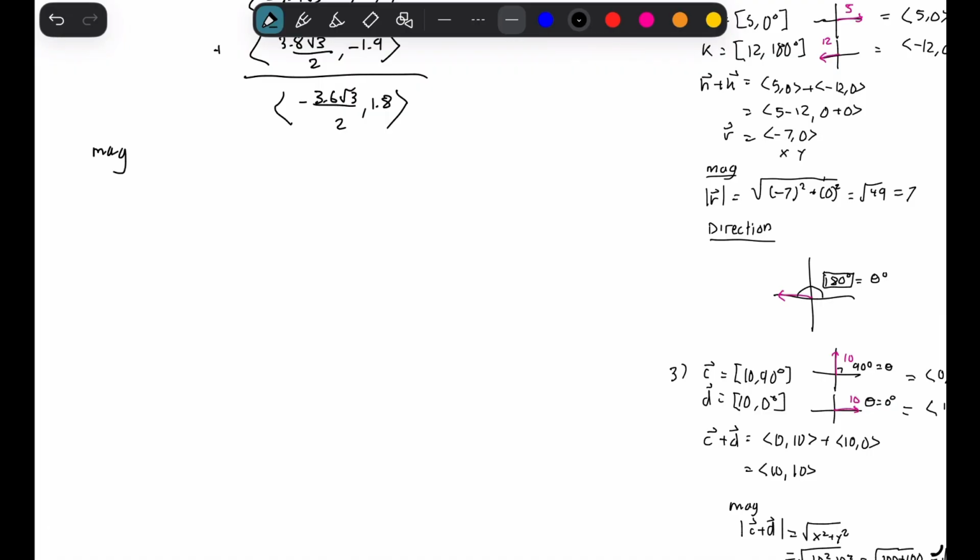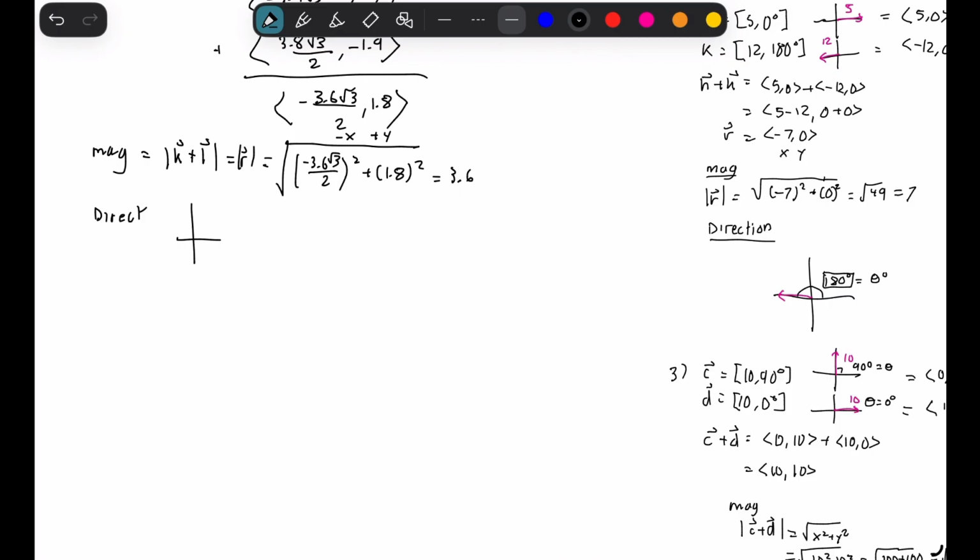Now for the magnitude, this is k plus L, which will be 3.6. The direction is negative x, positive y, Q2.